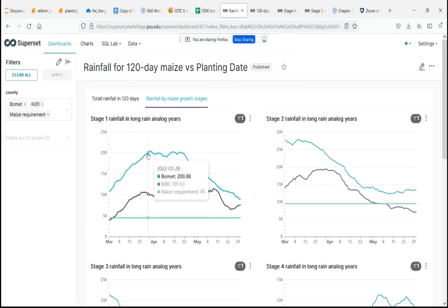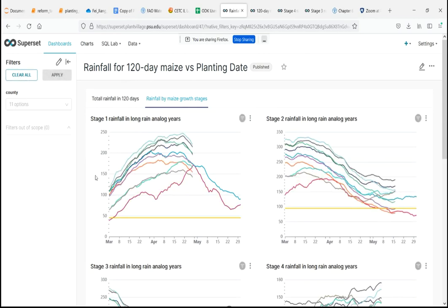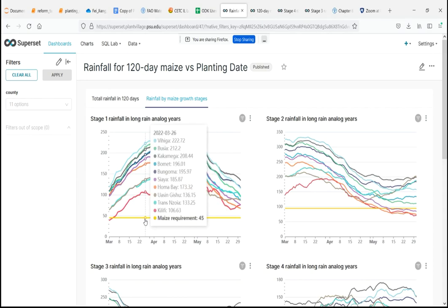Then you can see only Beaumont, Cliffy, and the maize water requirement on the diagram. And you can clear it out if you don't want it, so it will go back to the 4 series mode.